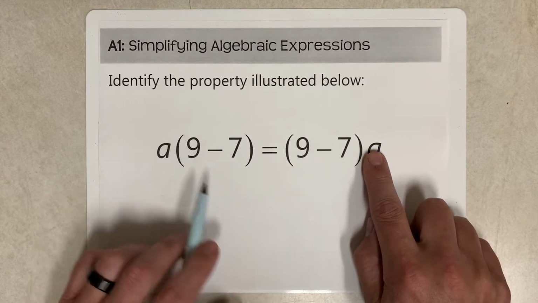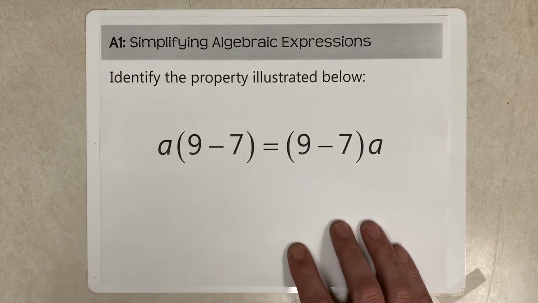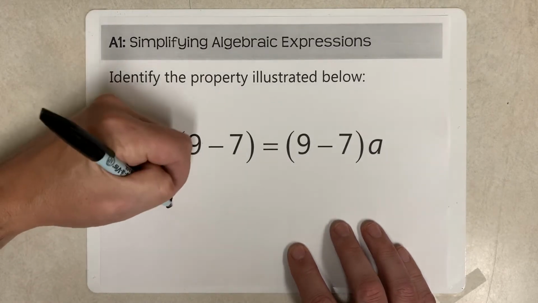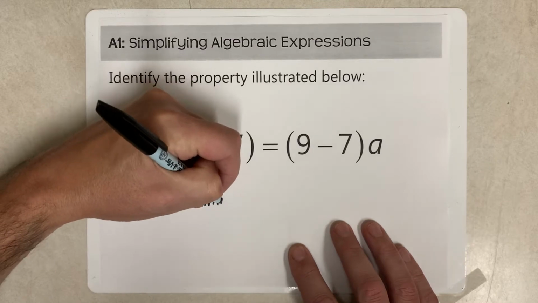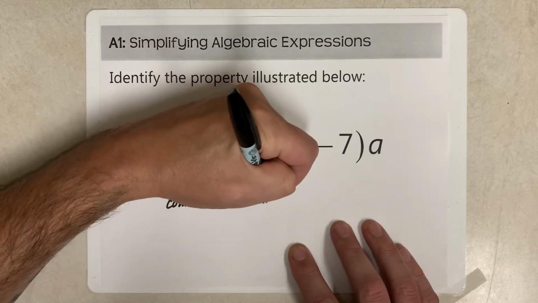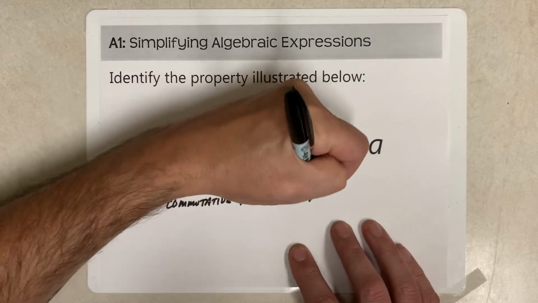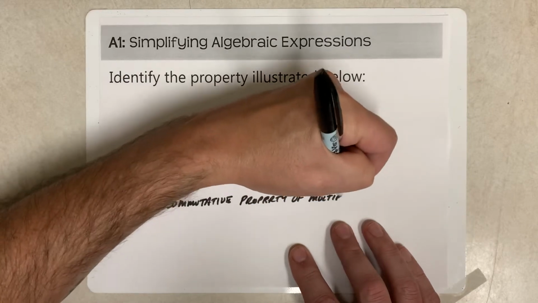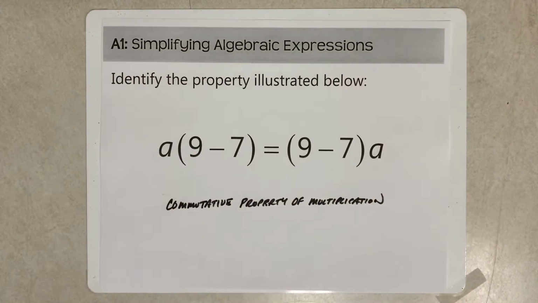Now this is going to be the same product on both sides, but what we're using is the commutative property of multiplication for that one.